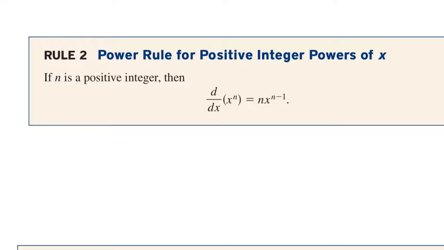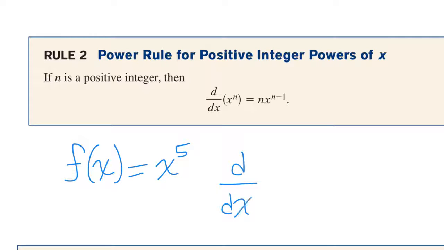For example, if f of x is equal to x to the 5th power, then d dx of x to the 5th power is going to be equal to 5x to the 4th power, as it is the 5th power, so 5 minus 1 gives us 4.